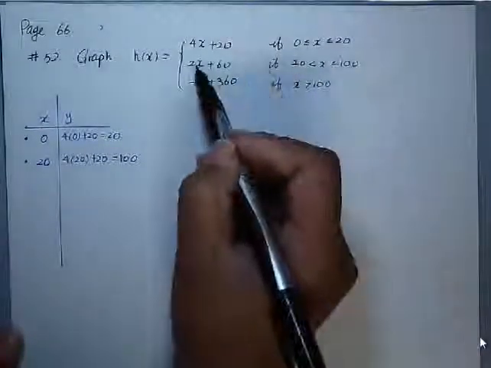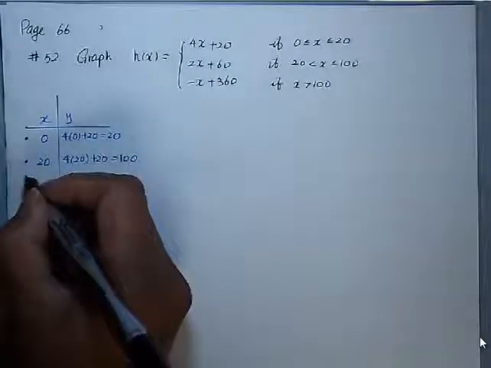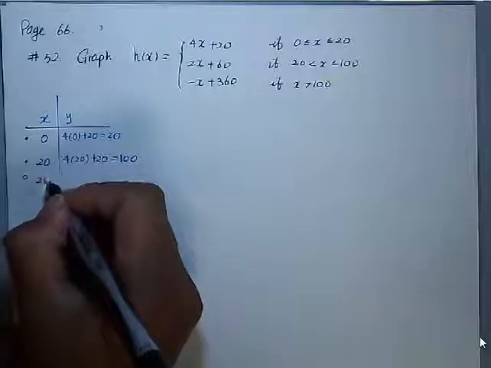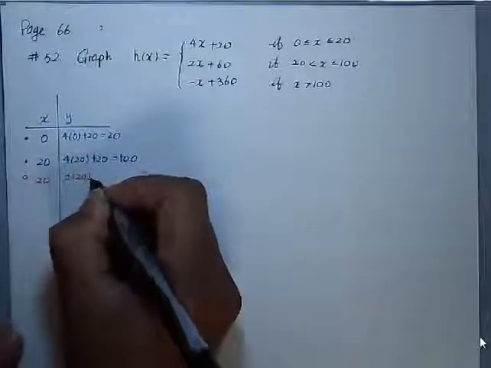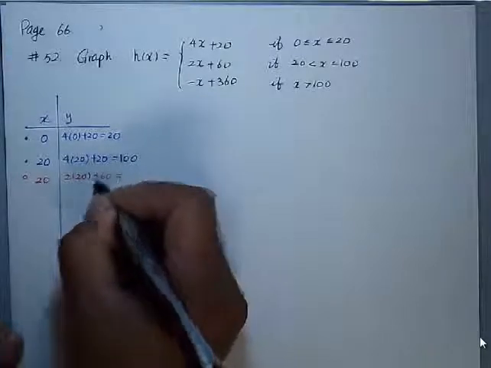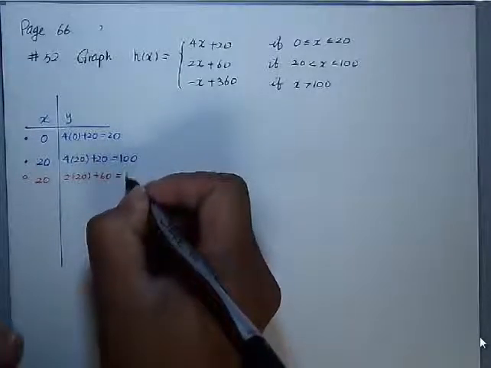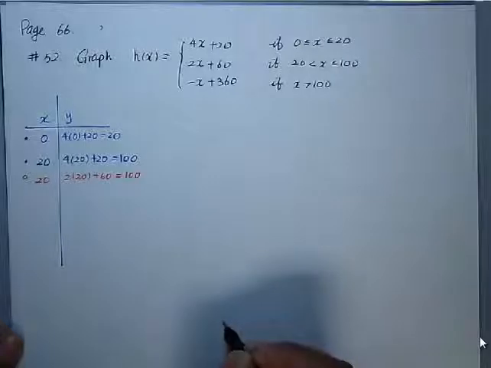The second piece, 20 is not included, but if we approach it, okay, open circle, 2 times 20 plus 60, well, that overlaps with this point, so it's 100.